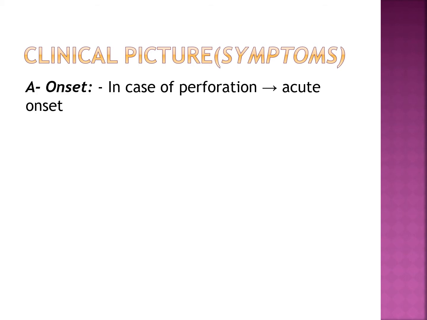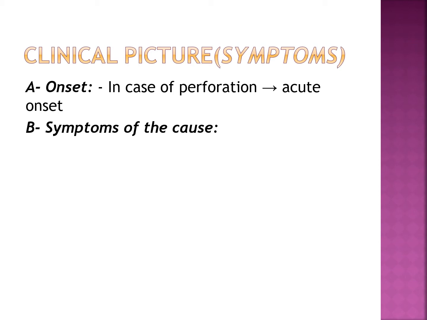So what is the clinical picture of acute peritonitis? First, we start with the symptoms. The onset is usually acute in case of perforation, but it can be chronic in cases of subacute and chronic perforations.